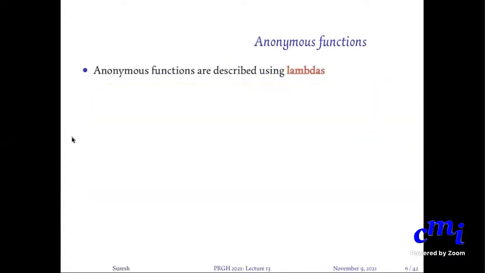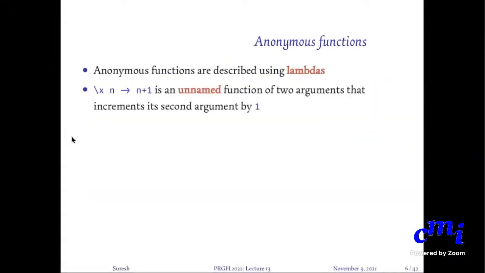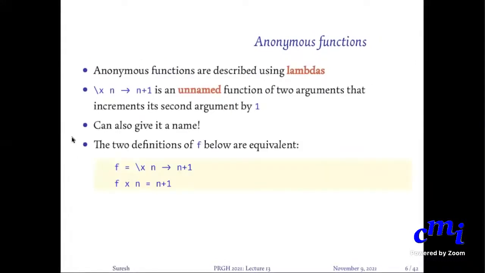Okay, good. So we have looked at anonymous functions. You can also give a name to anonymous functions. You can say f equals the function that takes 2 arguments and returns n plus 1 in the body, or a friendlier way of writing the first line is the second line, where you say f and then you give the 2 arguments and then you say n plus 1 is the body. Okay, great.